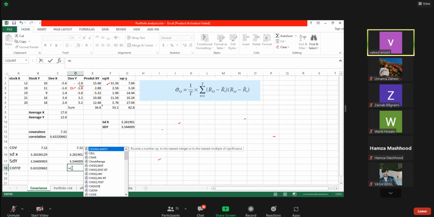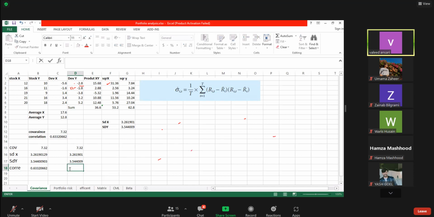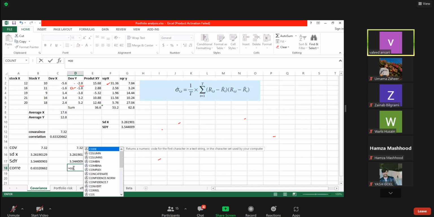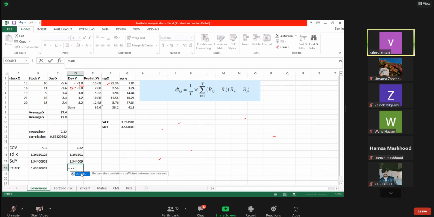Similarly, for correlation, two arrays have to be selected. So I will go to correlation. Here you can see I have used the function correlation. When you type correlation after the equal sign, it shows array 1 and array 2. The first array followed by a comma and then array 2, and then close it. The first array is this, then the second is this.